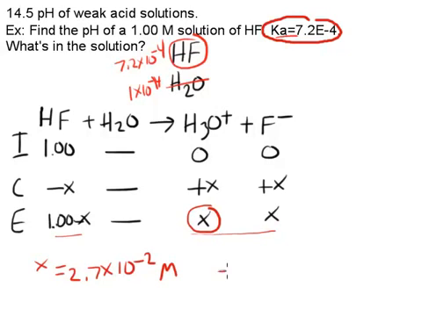So then I take the negative log of X, which is my H+ concentration, and I find that the pH is 1.57.